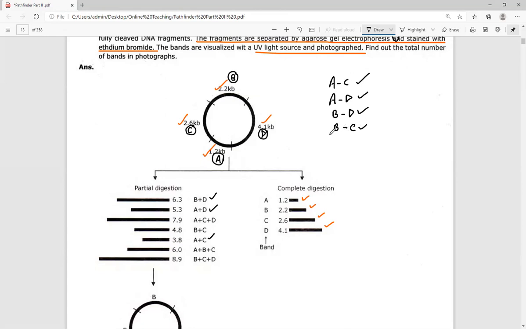How can the triplets be made? A can combine with D and B. So it could be A, D, and B combining together, that is A, B, and D.